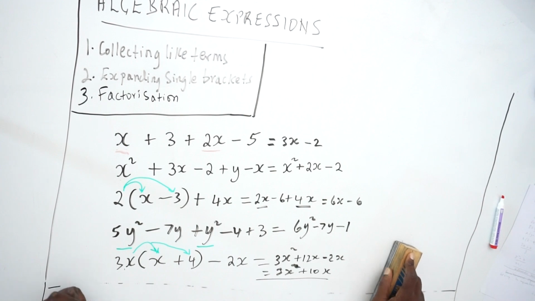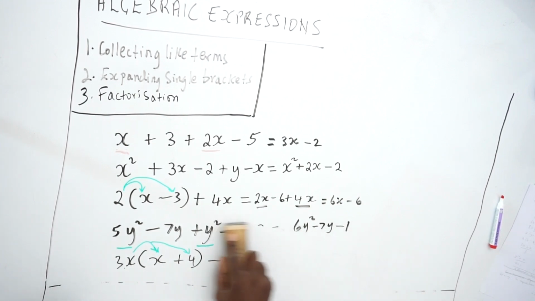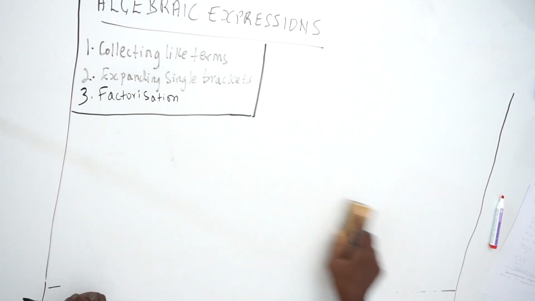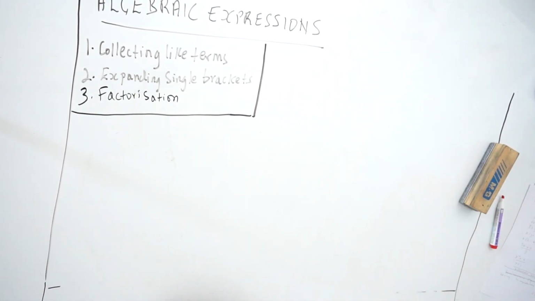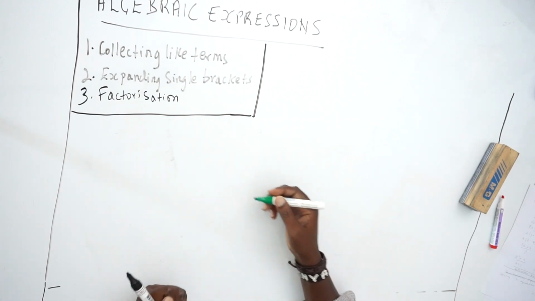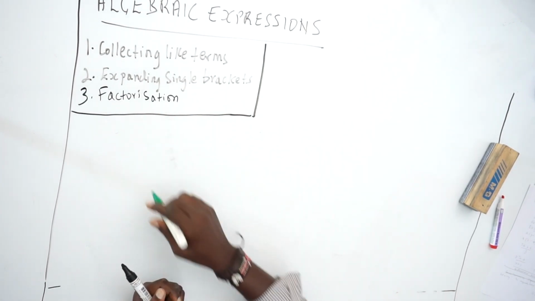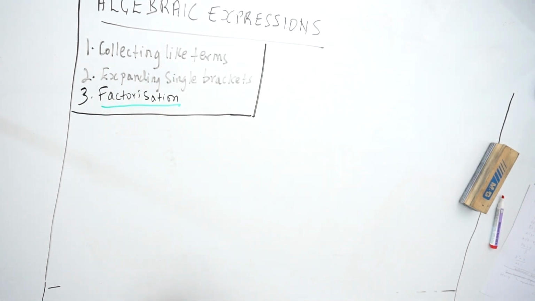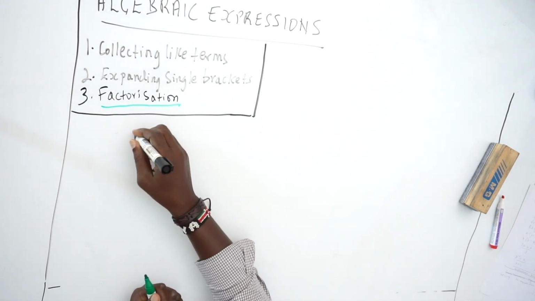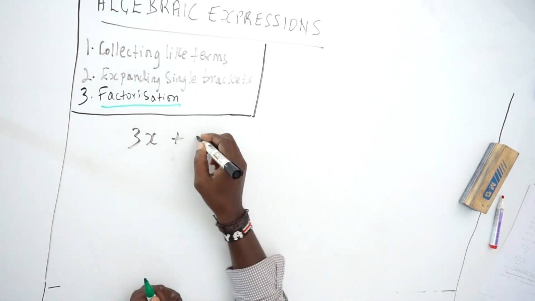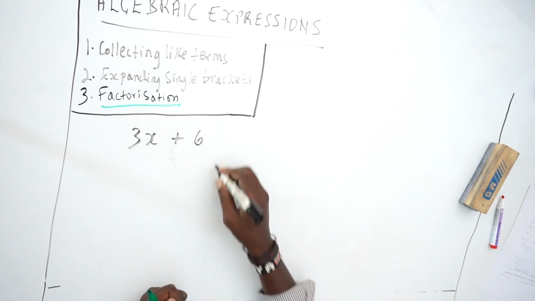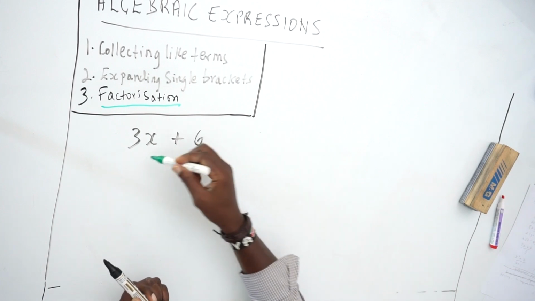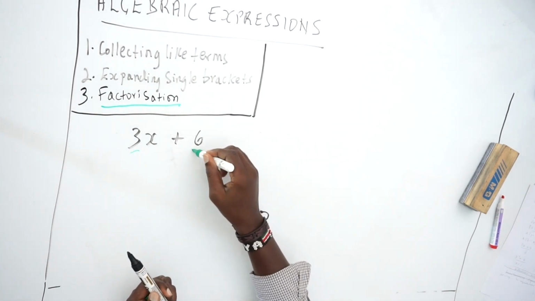Now the opposite of expanding brackets is what we call factorization. When brackets have been expanded, we can do the opposite by what we call factorization, this word here. When you're factorizing an expression like 3x plus 6, you look for a number that is common in both parts, a number that can go into 3 and also into 6.